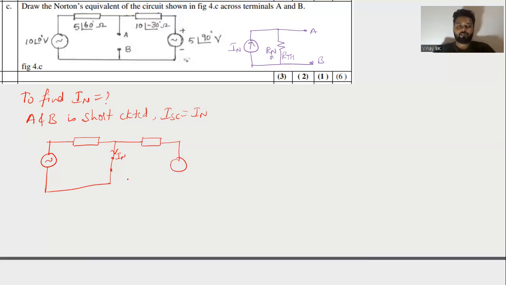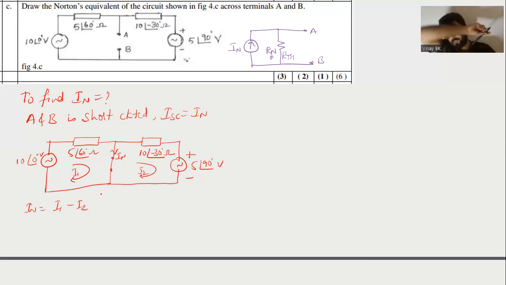So now we have the voltage sources. They have only given the polarity, so we should mark the same polarity. 5 at an angle of 90 degree volts, and here it is 10 at an angle of minus 30 degree ohm, and this will be 5 at an angle of 60 degree ohm and 10 at an angle of 0 degree volts. So here I1 is flowing and here I2 is flowing. So IN is nothing but I1 minus I2. I already explained this in mesh analysis or super mesh analysis, whichever you consider. Okay.